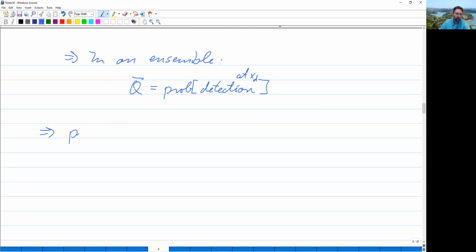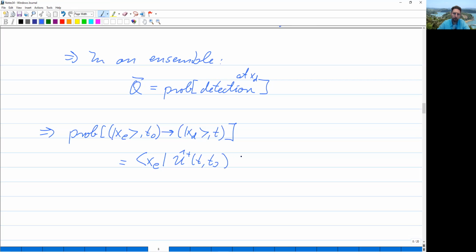Therefore, the probability for our neon particle to travel from the emission location at time t0 to the detection location at time t is equal to ⟨xe| û†(t, t0) q̂ û(t, t0) |xe⟩. Do you see why that is?